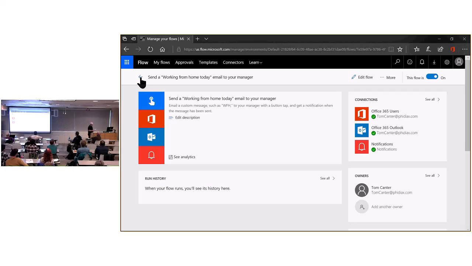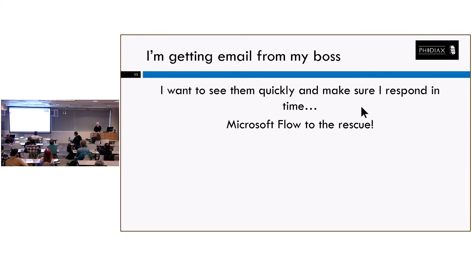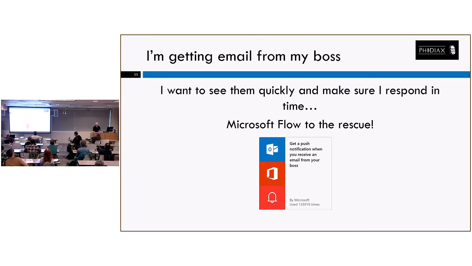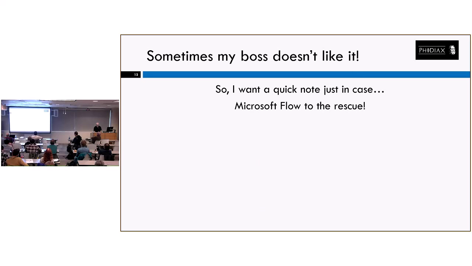Now, I thought of another one that would be funny. Let's say I want to get email from my boss. I'm getting an email from my boss. All right. So I have to click on it to bring it to the foreground.